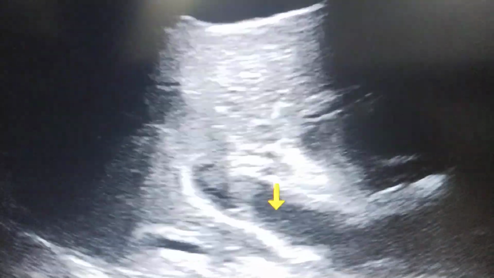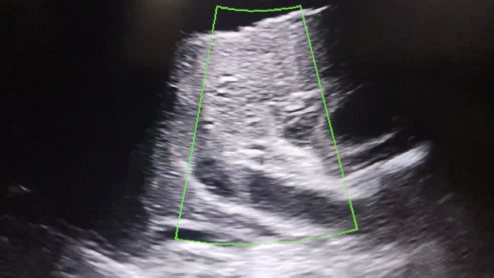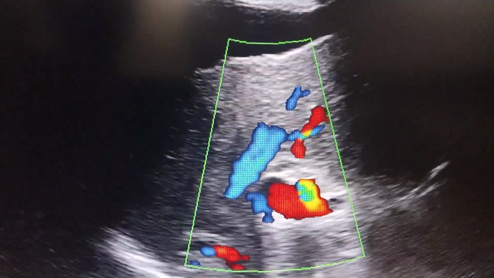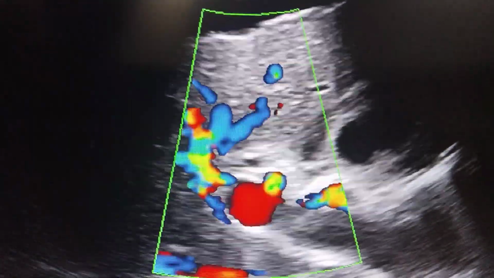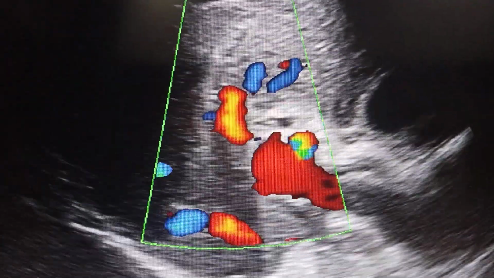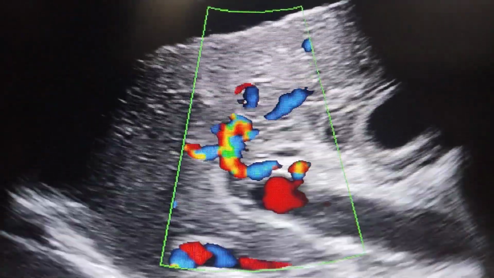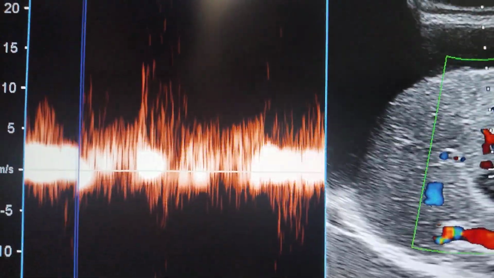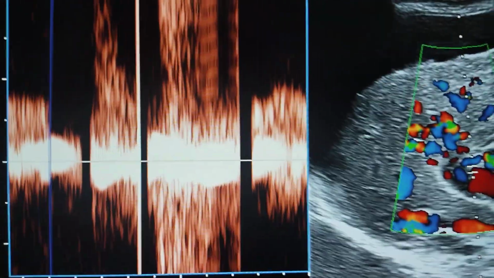Now I am again going to use the convex probe. When the cirrhosis is gradually increasing, it also affects the velocity of the portal vein, which should be above 15 to 16.